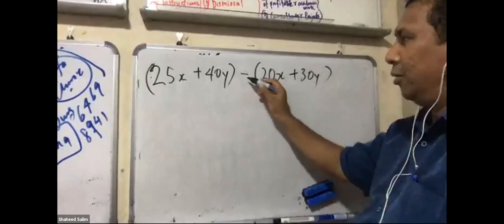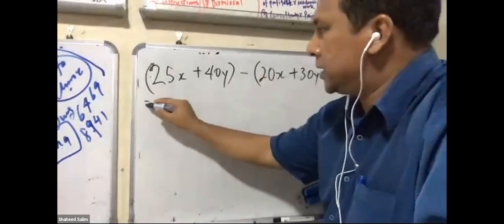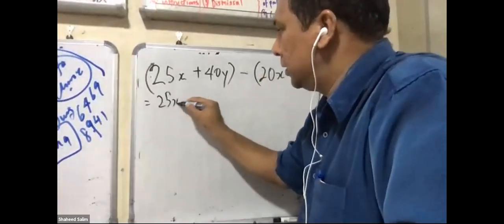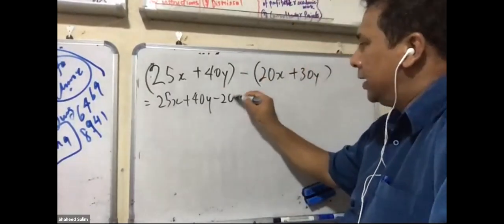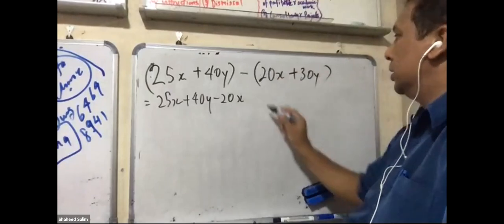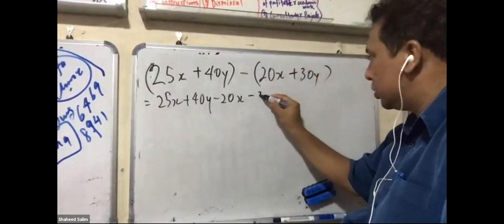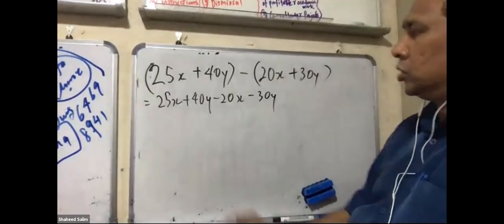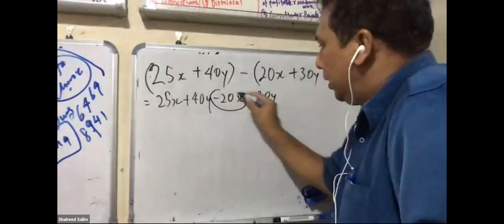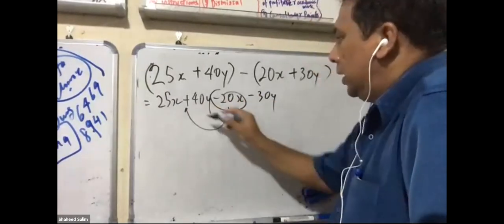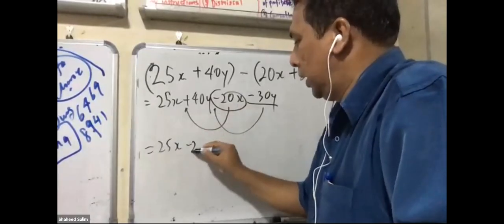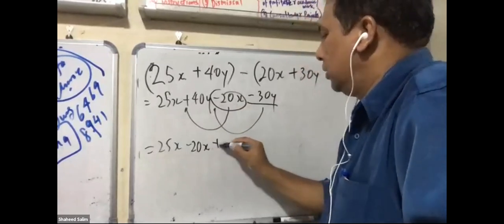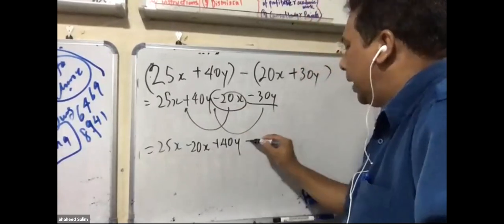Then when you take out, you will be safe. 25x plus 40y minus, open bracket, 20x plus 30y. Minus times plus is minus. So we get 25x minus 20x plus 40y minus 30y.